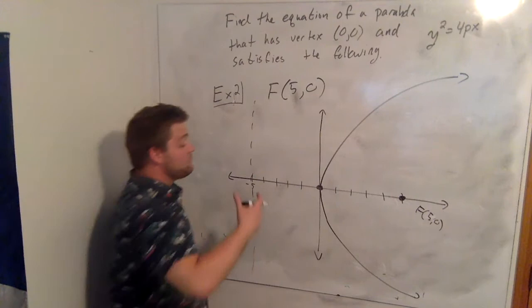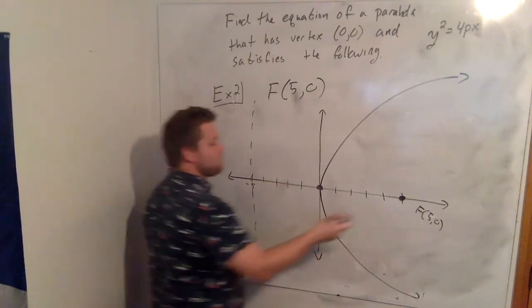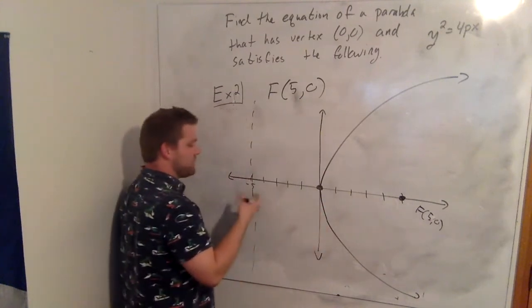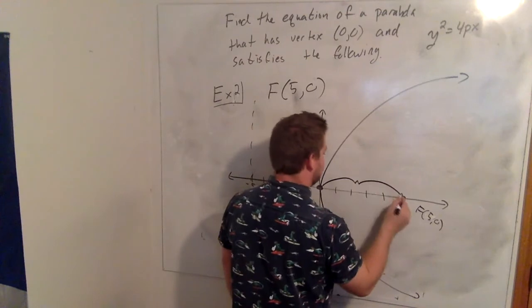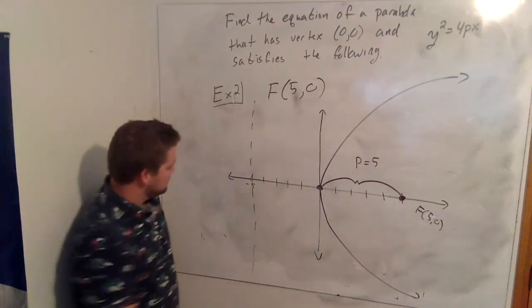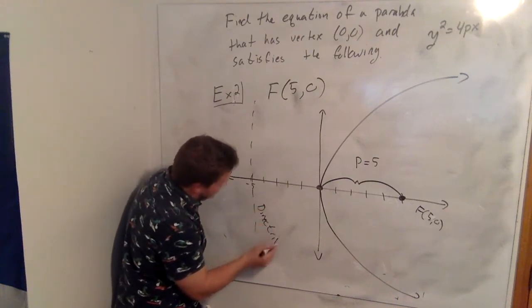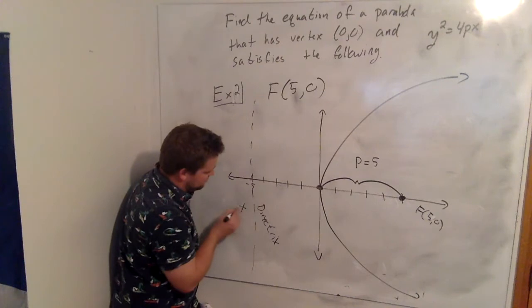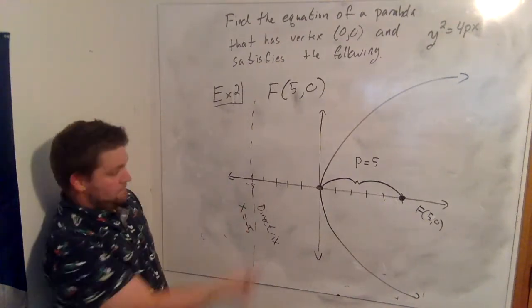Since the focus is to the right of the directrix, p will be positive, and in this case p is going to be 5. The directrix here will have equation x equals -5.